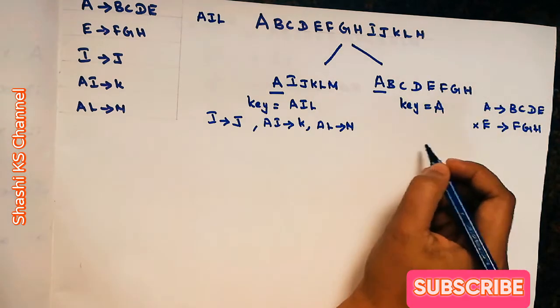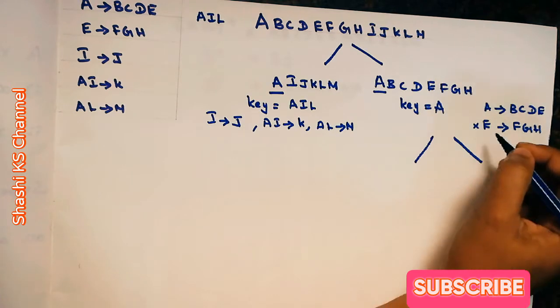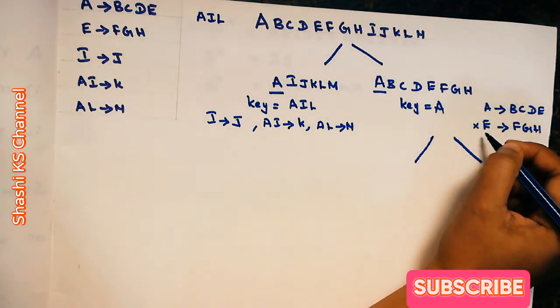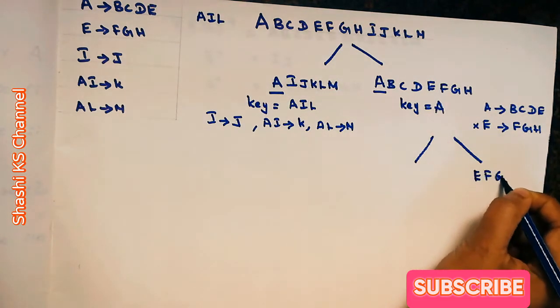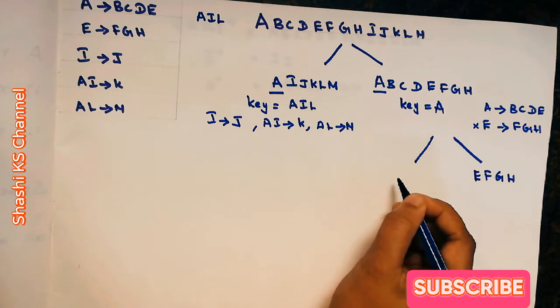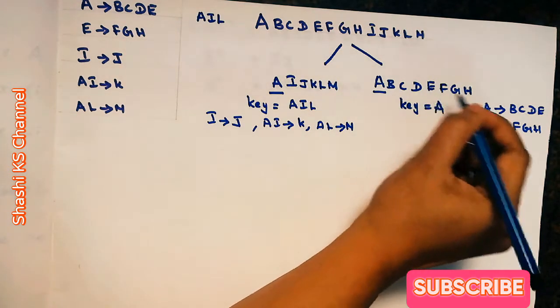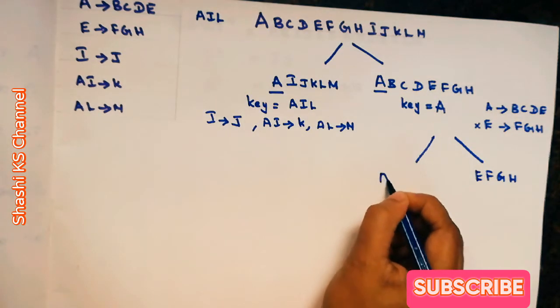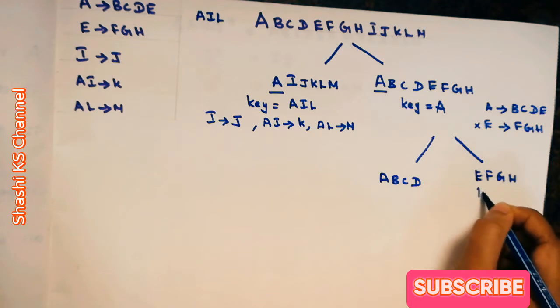So you need to decompose this into two different relations. First find the closure of the attribute on the left hand side. Closure of E is EFGH. Write it down on one side. What will the other side consist of? The other side will consist of the remaining attributes, which are A, B, C, D and E. And what is the key here?